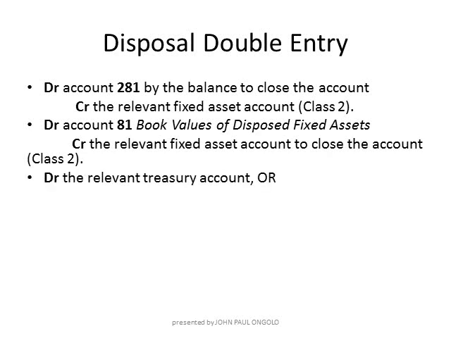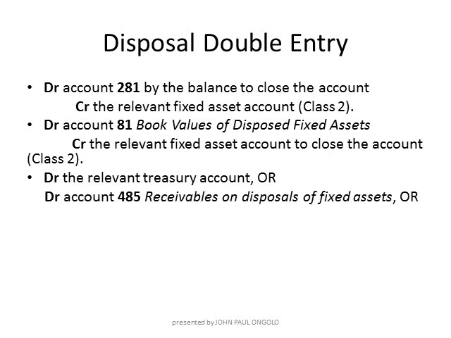To recognize the sale or the amount of money received, we will debit the relevant treasury account in case you have received cash or a check payment, or we debit account 485 if we disposed of the fixed asset on credit. So we will debit the relevant treasury class 5 account when we have received cash or a check on the disposal. But if we sold on credit, we are going to debit account 485.